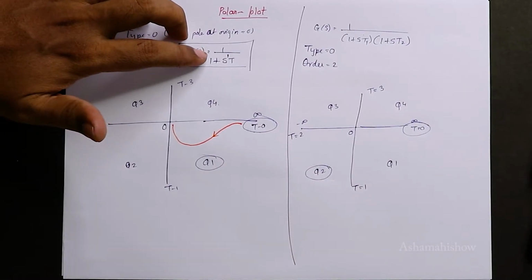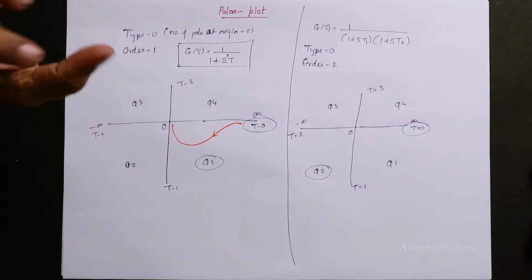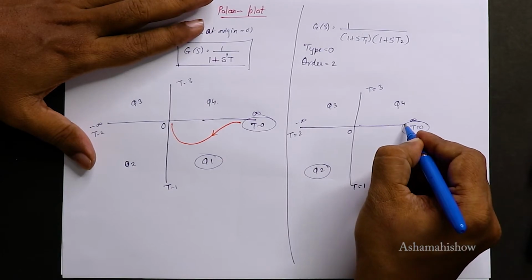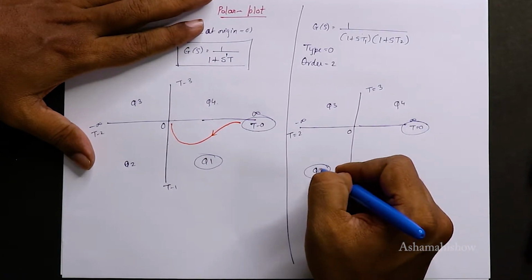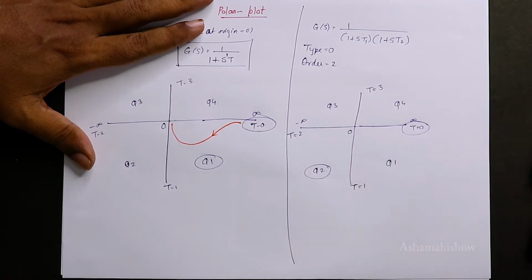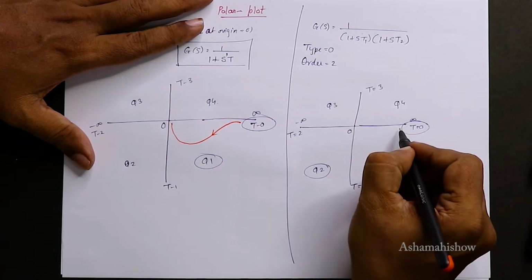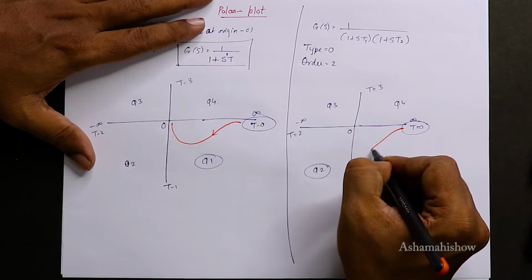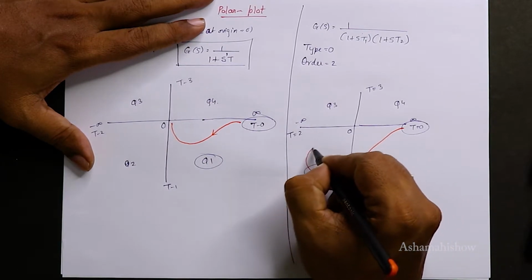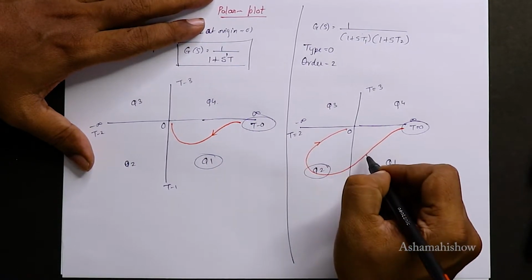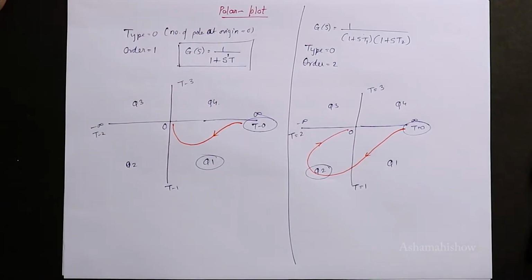Your quadrants are taken as order. So now your phase plot will start from this infinity and approach 0 in the second quadrant. So your graph will start at type 0 infinity and will approach 0 in quadrant 2 like this.